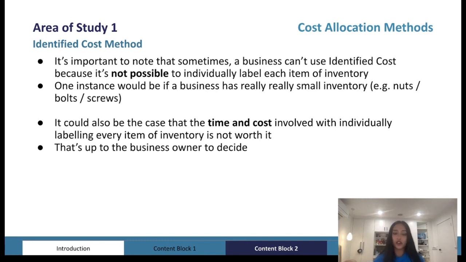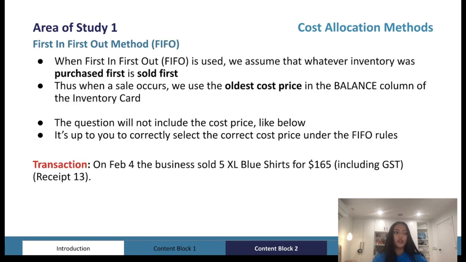But if the business owner wants a really accurate inventory card, and wants to know 100% without a doubt what the cost of sales and cost of goods sold is, then that's up to the business owner. It's their prerogative to decide whether they want to use identified cost. But in the case where identified cost isn't used, either because it's not possible or it's not worth it, we will instead use first in, first out, or FIFO.